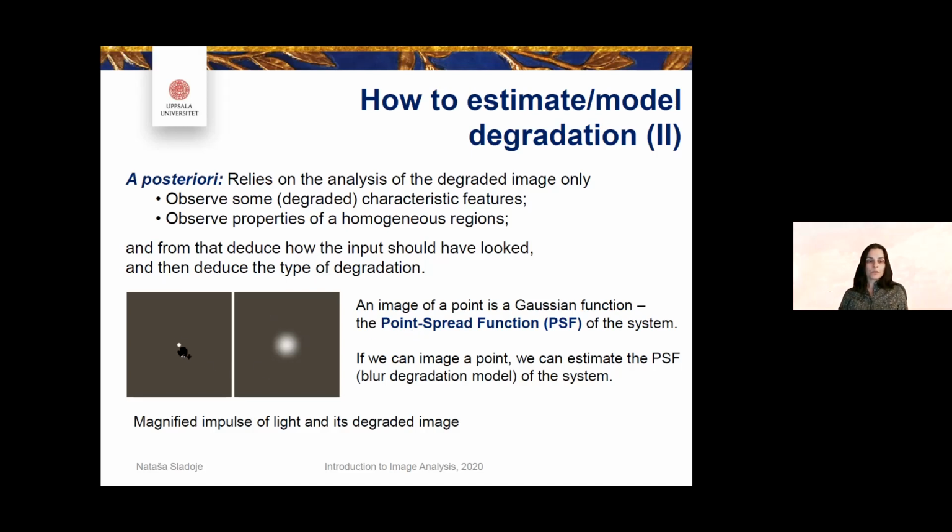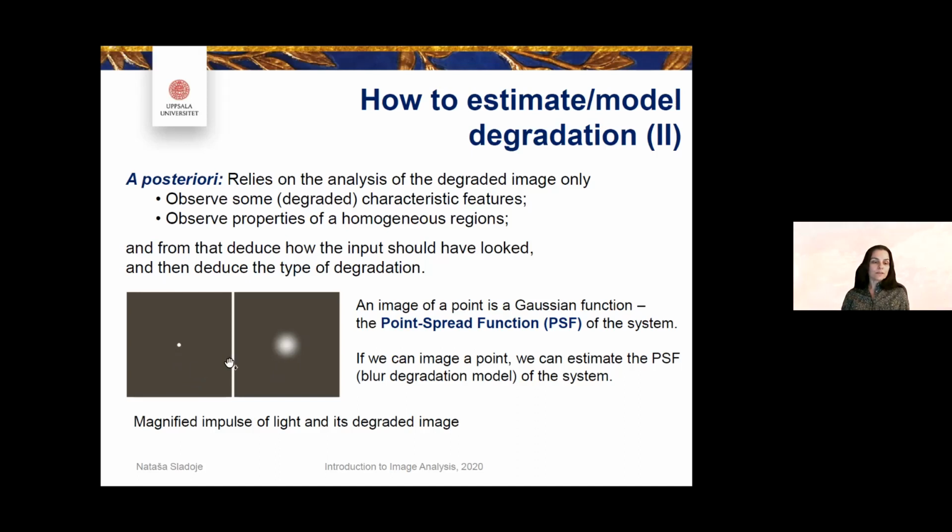We can also say that all we need to know, based on the theory that we developed, is how one point is imaged by my system. If I know the response to one impulse, then I know the point spread function, and then I know everything I need to know. That sounds extremely simple, so I should just image a single impulse, a single point.